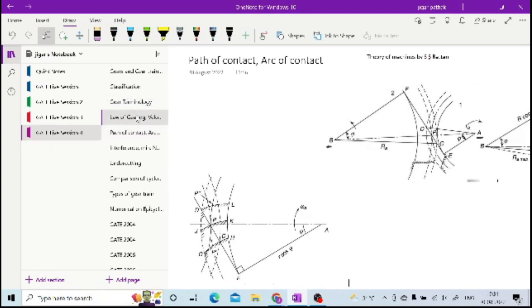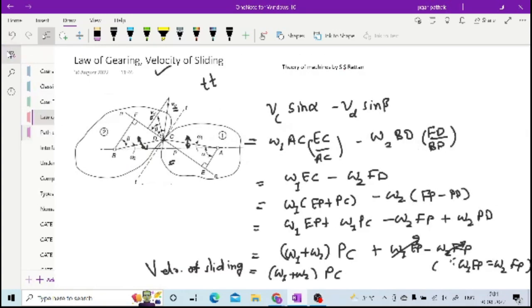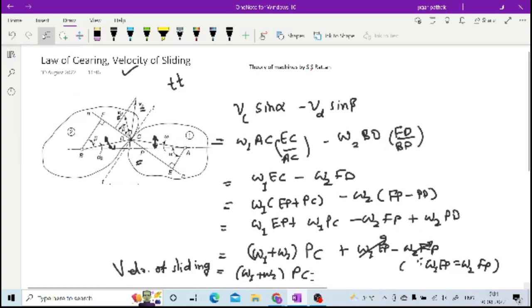See, from this equation, what you are asking is the velocity at the pitch point.